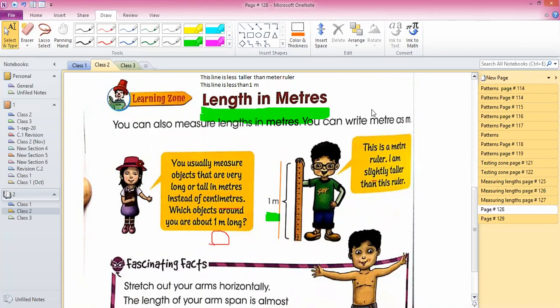Saud, very good. Os, Ali Nizar, Muhammad Farooq, very good. This line is dash than 1 meter: more than, less than, or about to. Check the answer, guys, and tell me. Check the length.